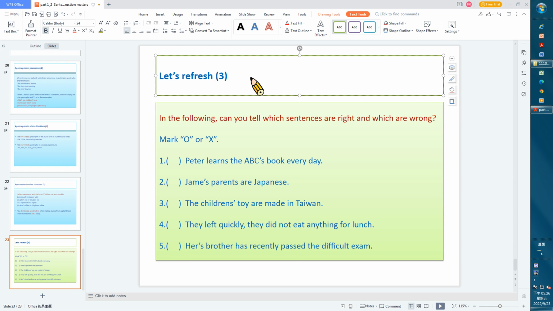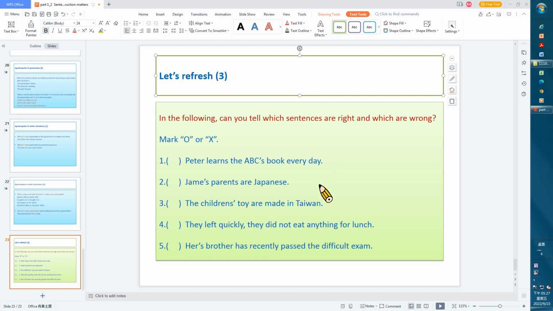That's Refresh 3. In the following, can you tell which sentences are right and which are wrong? Mark a circle or a check. Number 1. Peter learns the ABC's book every day. Number 2.